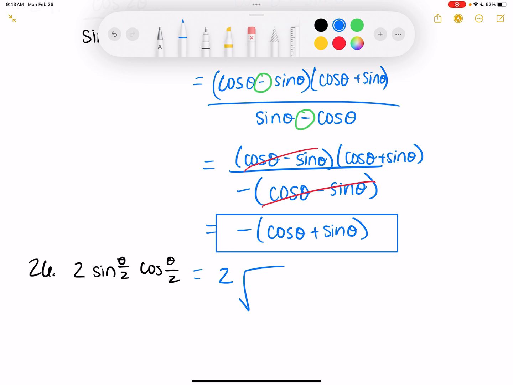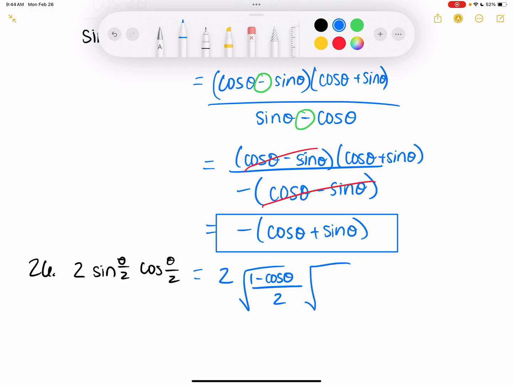Plus or minus. So yes, it is plus or minus, but we're in 0 to pi over 2, so they're all going to be plus. Square root of 1 minus cosine theta over 2. Yep. And then what is the formula for cosine theta over 2?